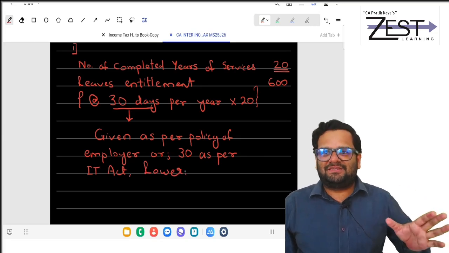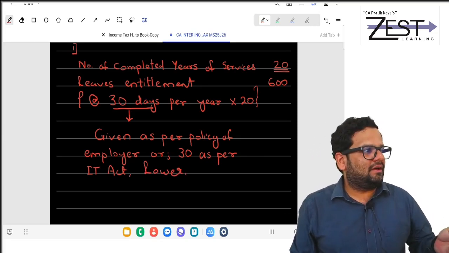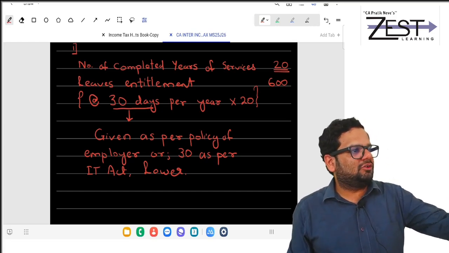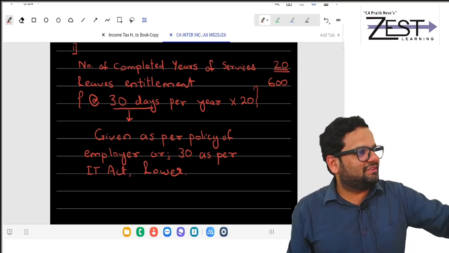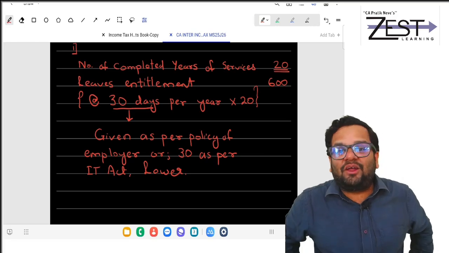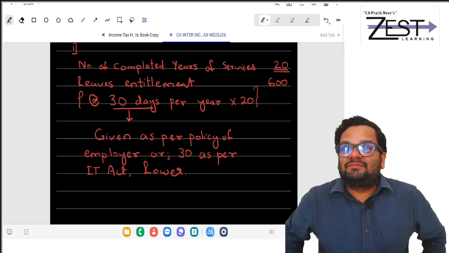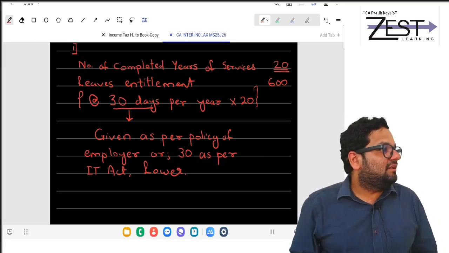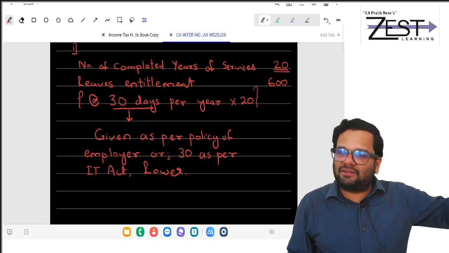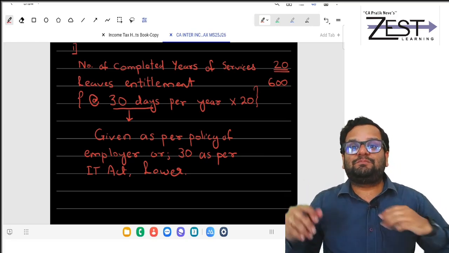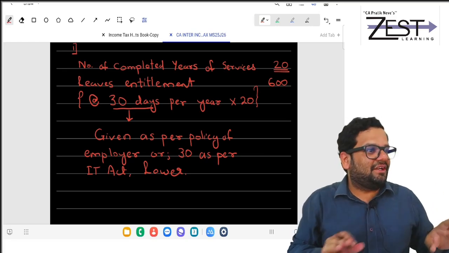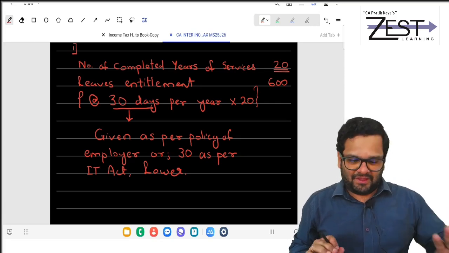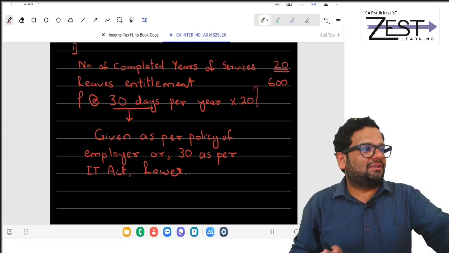Actually it was the same here. Maximum allowed as per the IT Act is 30, and given by the employer was also 30. So 30 or 30, whichever is lower. If the employer was giving 35, then you would have stopped at 30. If as per the employer it was 25, then 25, because 25 or 30, whichever is lower. Anyways, here it was the same, 30 and 30.